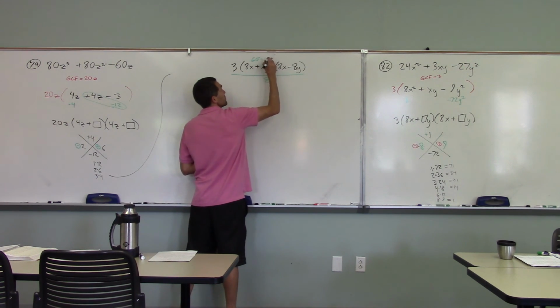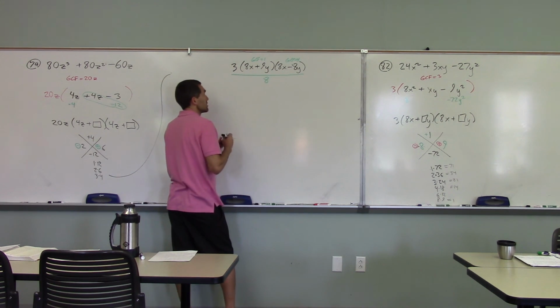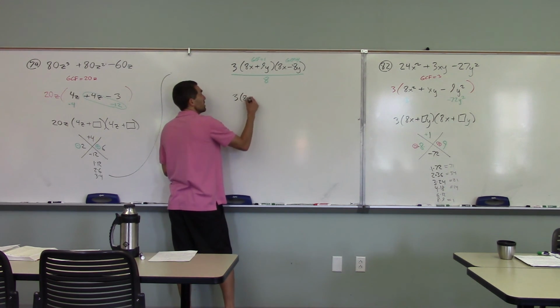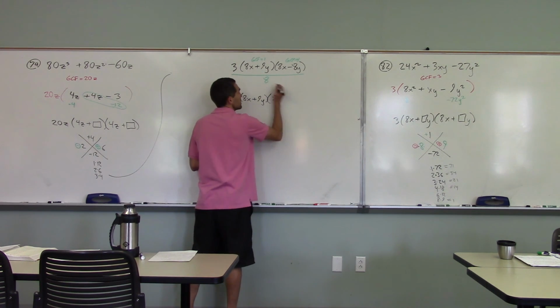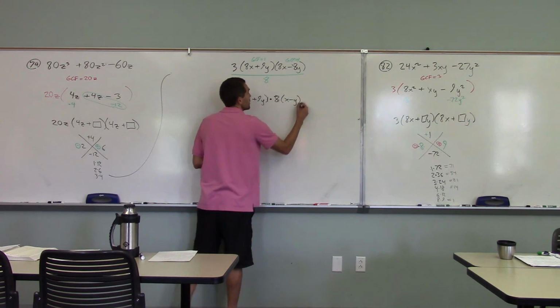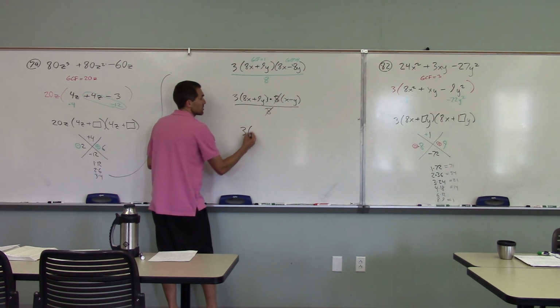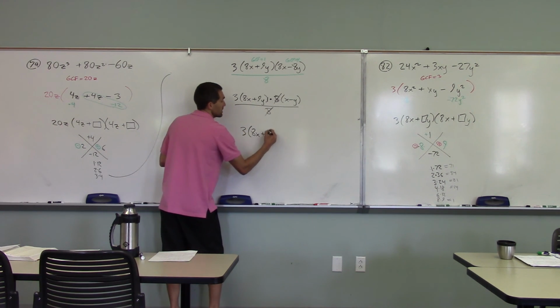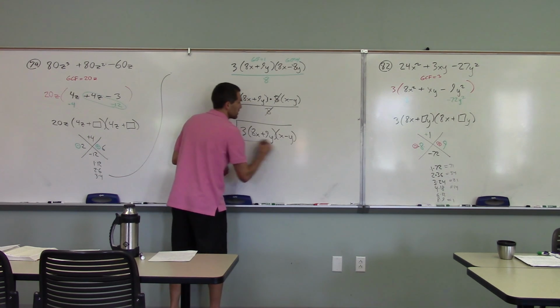The GCF of this is 1. GCF of this is 8. So now we get 3 times 8x plus 9y times 8 times x minus y, all over 8. And look, the 8's cancel. So the answer is 3 times 8x plus 9y times x minus y.